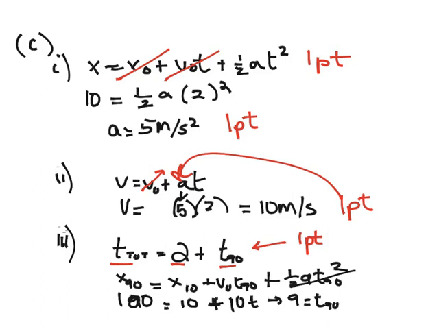And so you can get your total t, and you end up with 11 seconds. So you get a second point for correctly substituting and solving for T90 is 9 seconds.